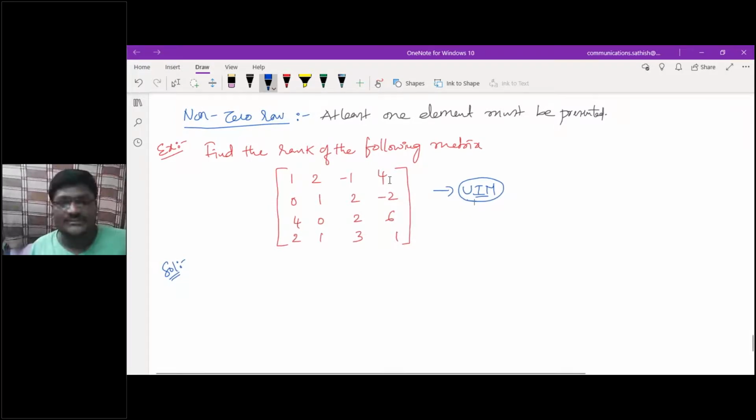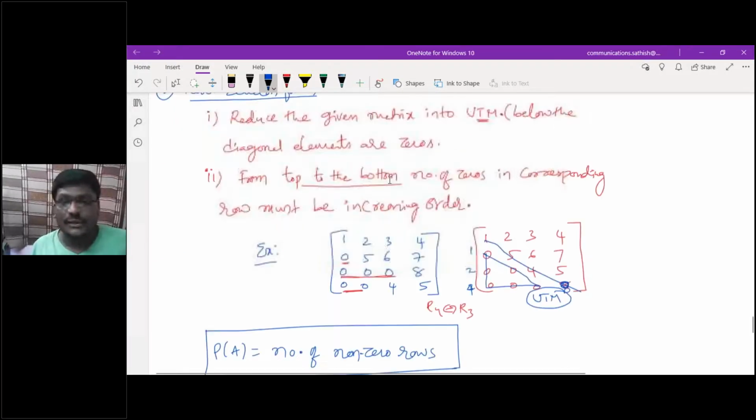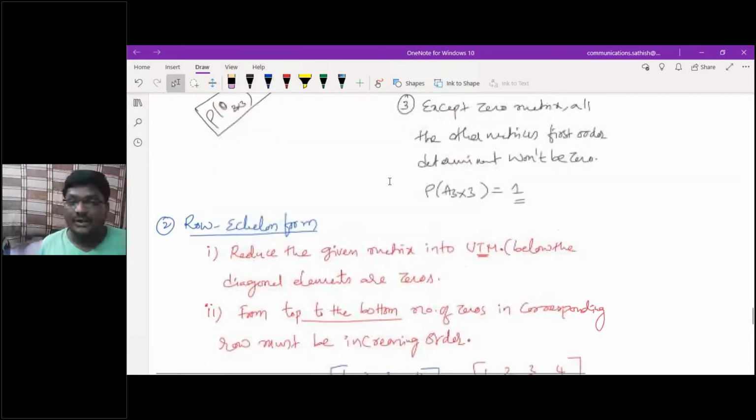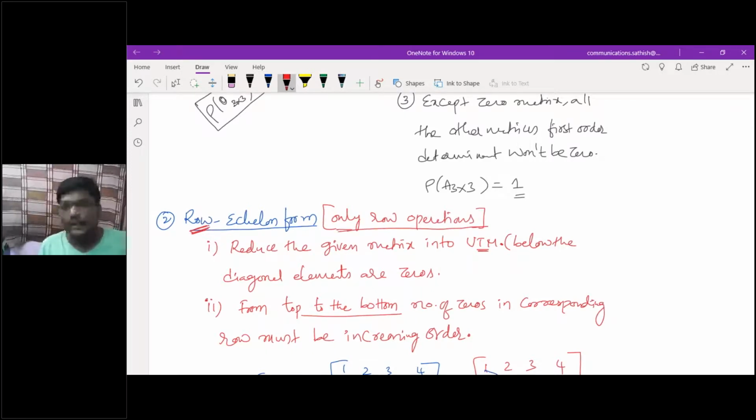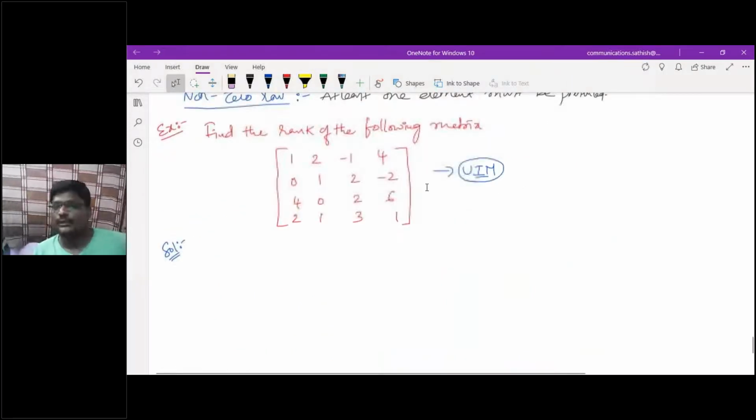That is the reason why, if you observe the name itself, I told you row echelon form. Only row operations I need to do. Keep that point in mind.